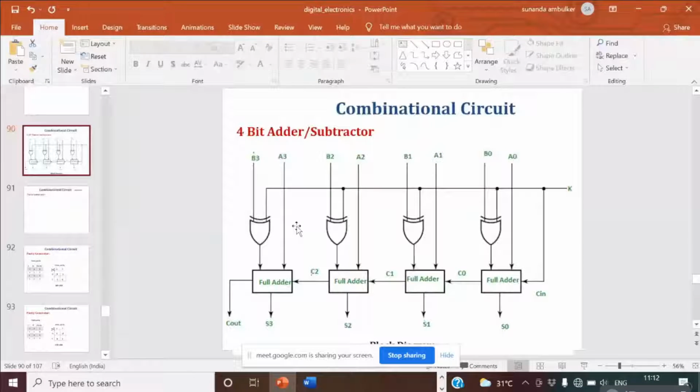If the data is coming from the transmitter, the transmitter appends one bit to that data or whatever code is there. It depends on whether it is utilizing the even parity code or the odd parity code.